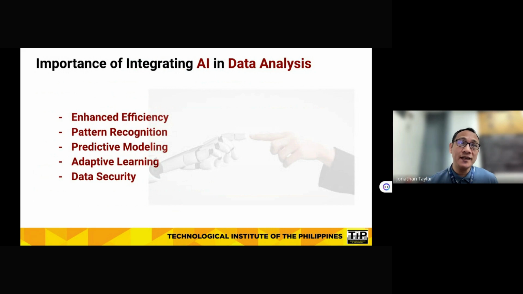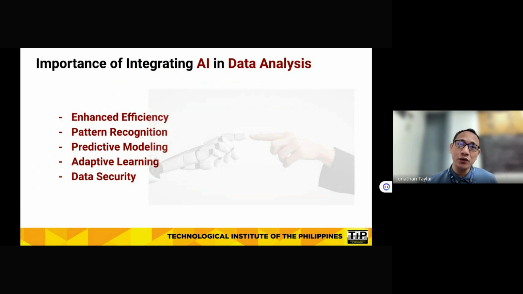So AI can automate repetitive tasks, in instances such as processing of data, data cleansing, and analysis, leading to significant time savings and improved operational efficiency.